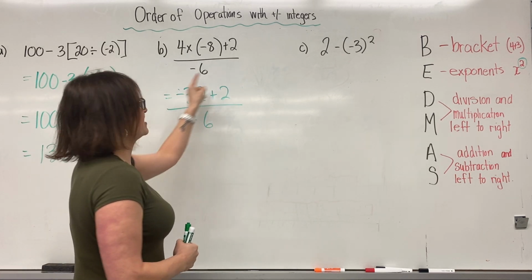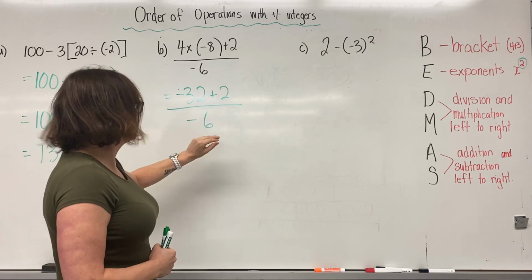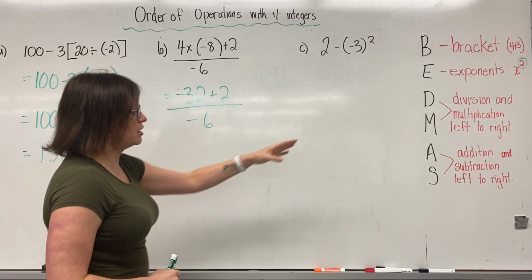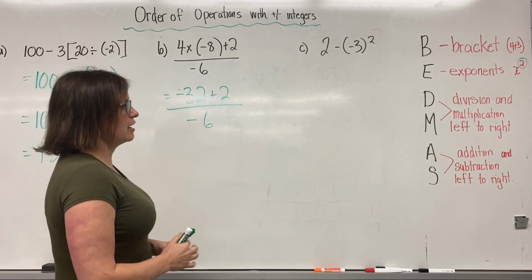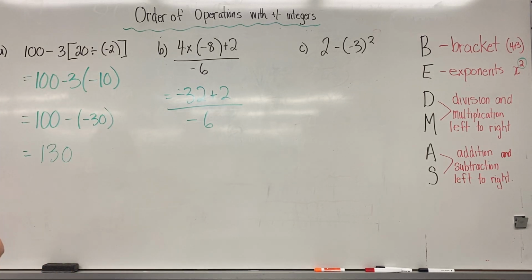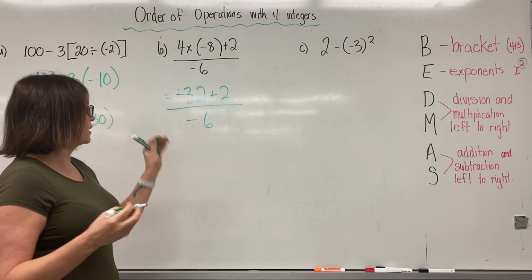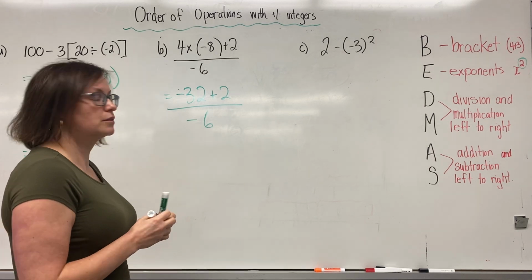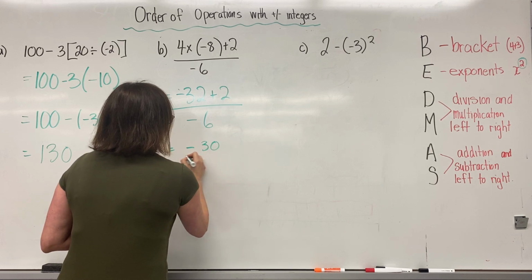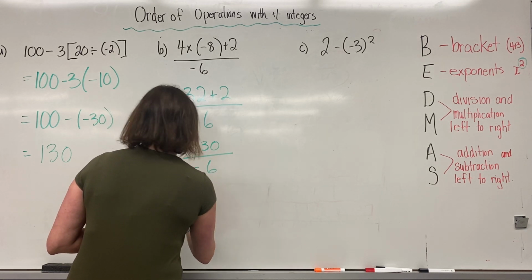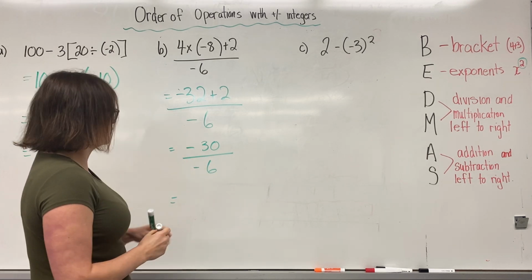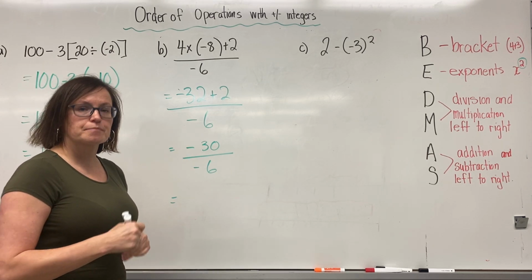So we're going to solve this entire equation at the top before we divide, all right? So I'm going to continue moving down my order of operations for the top equation. Addition and subtraction, so I'm going to work this out. Negative 32 plus 2, right? So I have negative 30 divided by negative 6. Now I can work out this operation. So negative 30 divided by negative 6 is 5.